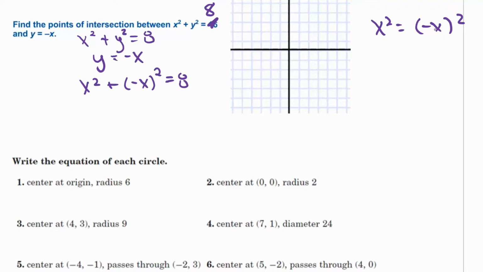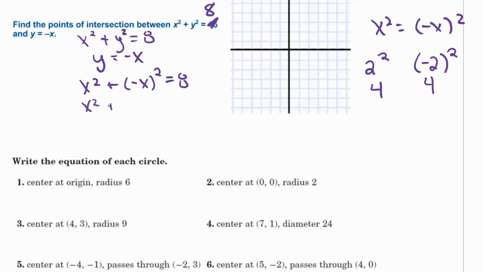Well, anything that we square turns positive, so the answer is yes, that x squared is equal to the opposite of x squared. Just plugging in some numbers, we can look at 2 squared, and we can look at negative 2 squared. Well, 2 squared is 4. Negative 2 squared is negative 2 times negative 2, which is also 4.